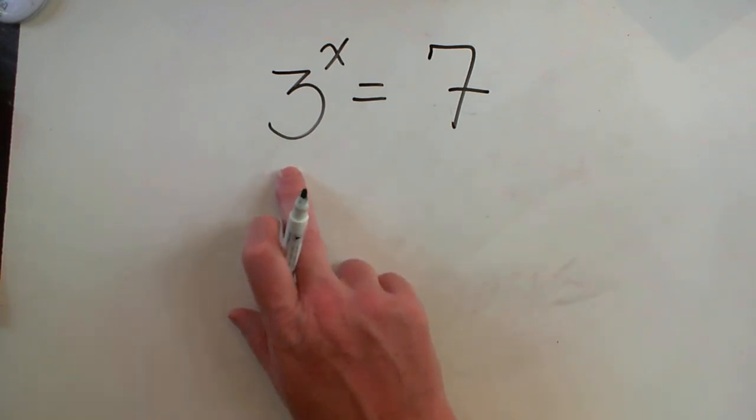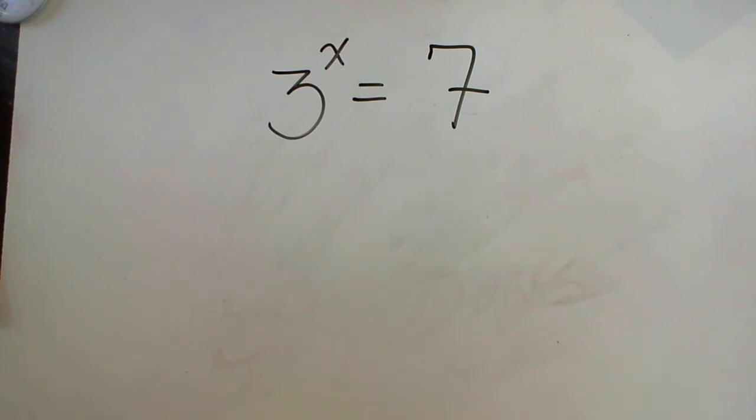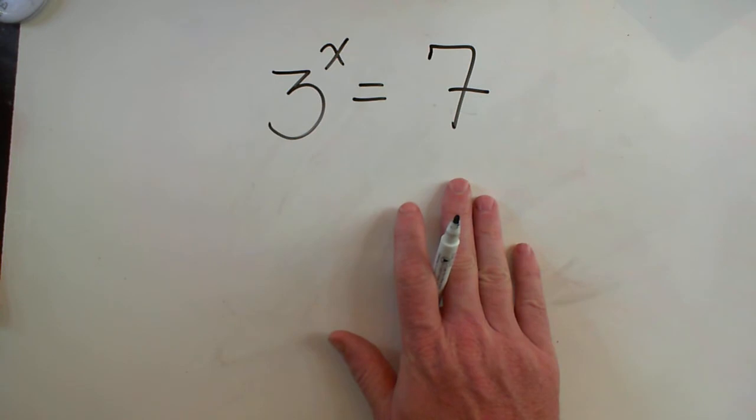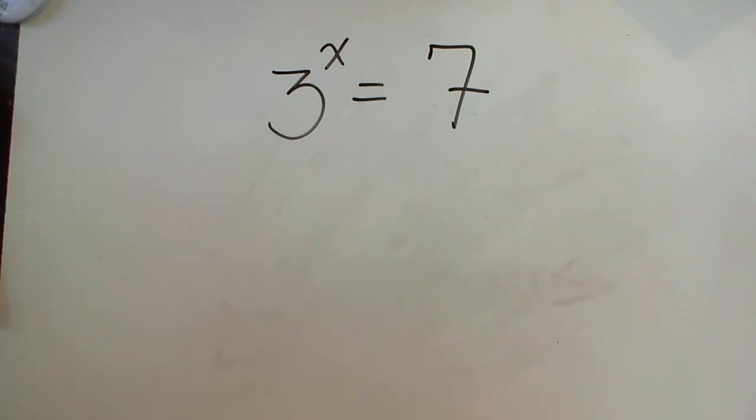Since this has a base of 3, that will be the base that we use throughout the course of this problem. I am going to take the logarithm of both sides, or I can just change this into logarithmic form. I will show you what I mean by both of those things.